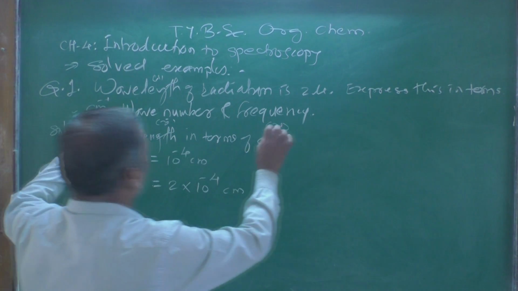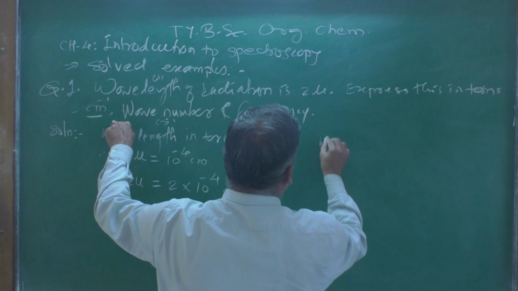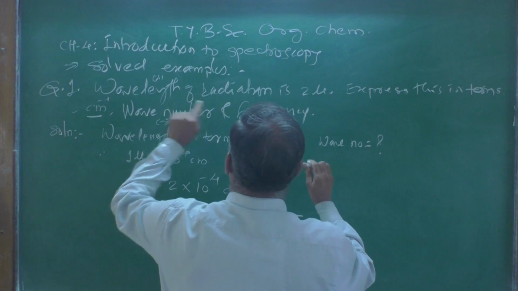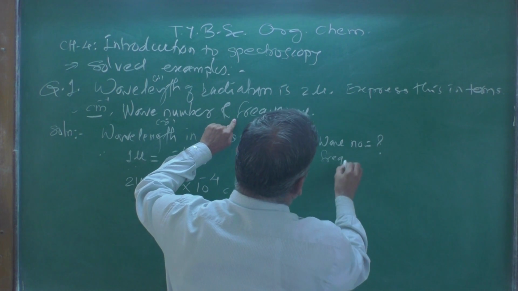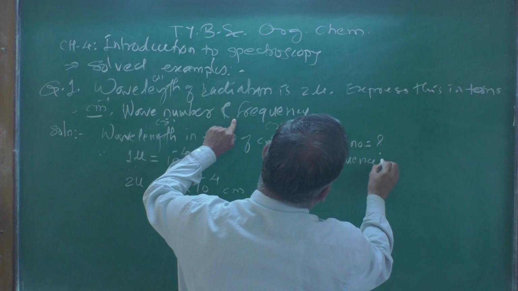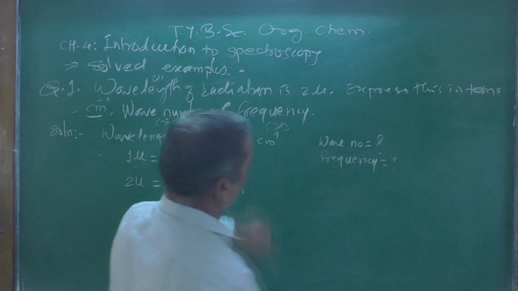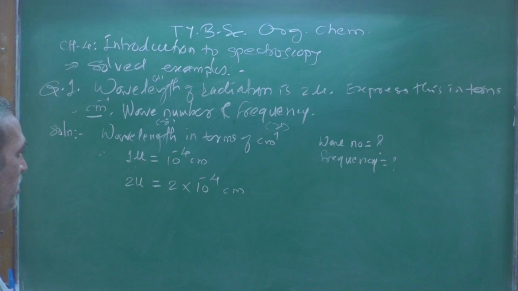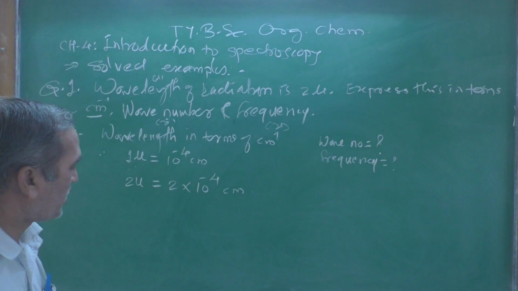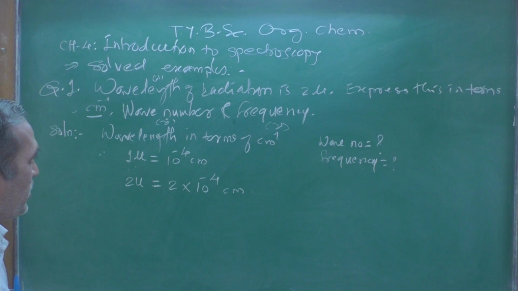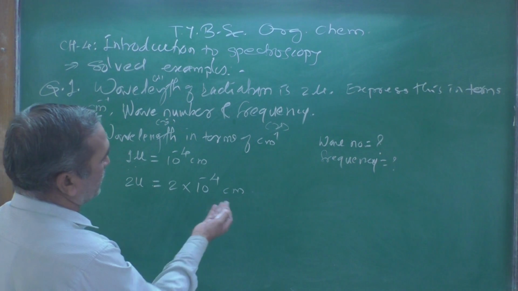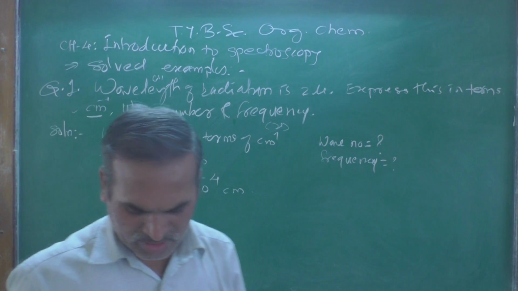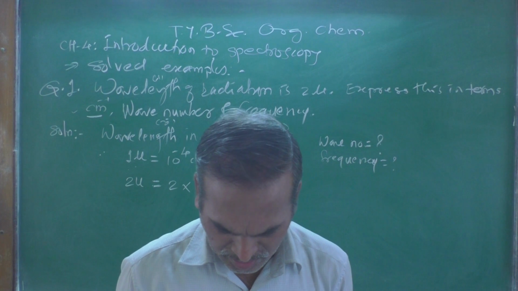What you have to calculate is the wave number as well as the frequency. We got the wavelength in centimeter; now per centimeter means we have to take the reciprocal of it.